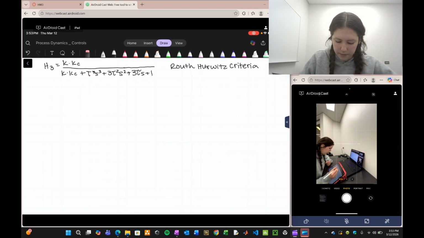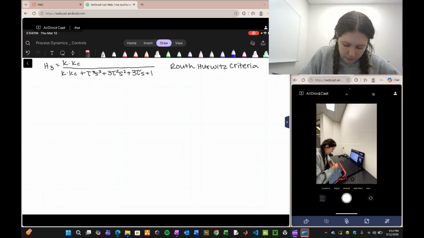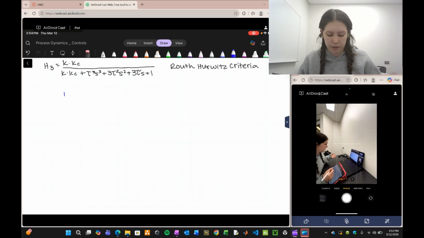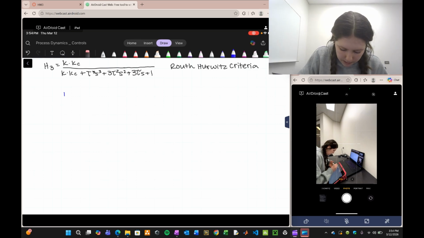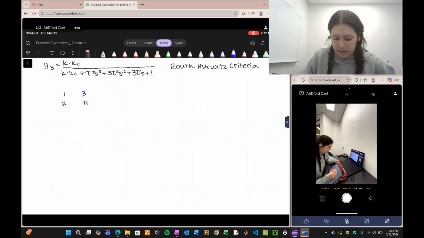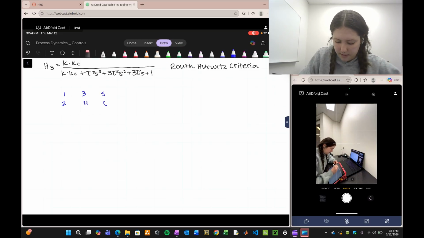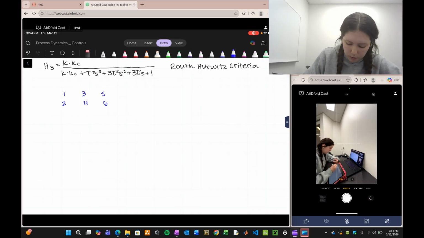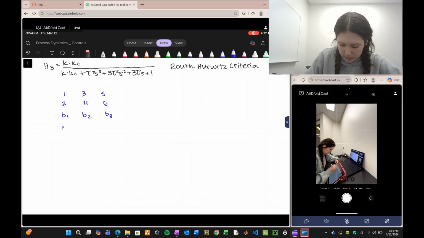So we will have first the coefficient of our highest ordered term, and then the second one, and then the third highest, fourth highest, fifth highest, and sixth highest. And then we will use those to solve for B1, B2, B3, C1, C2, C3.